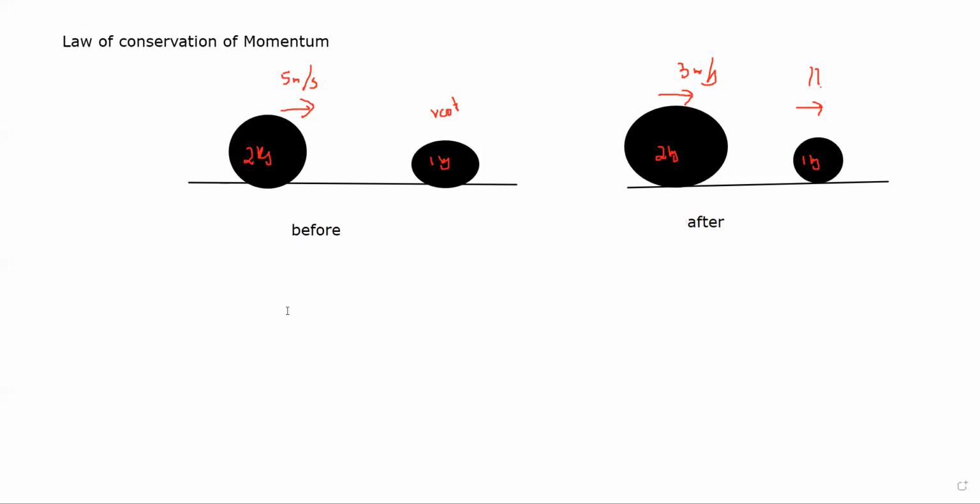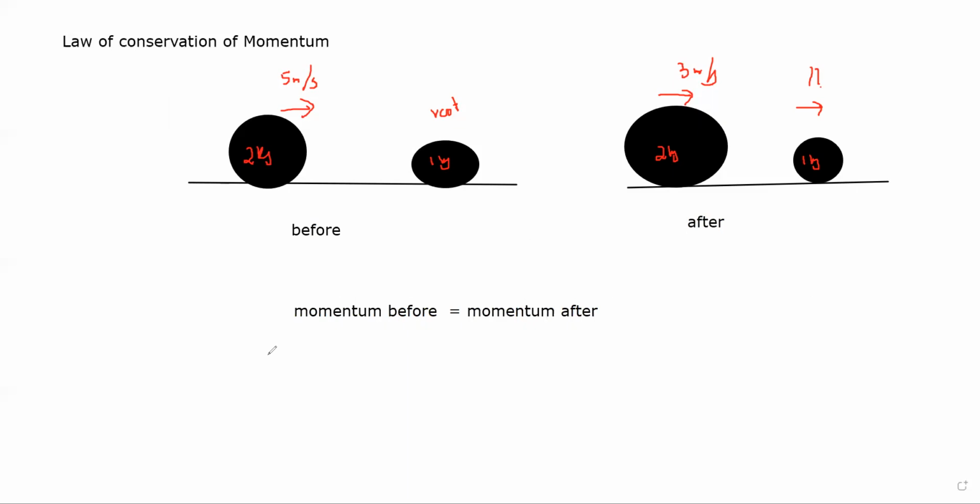So momentum before collision is equal to momentum after the collision. Momentum is a product of mass and velocity.